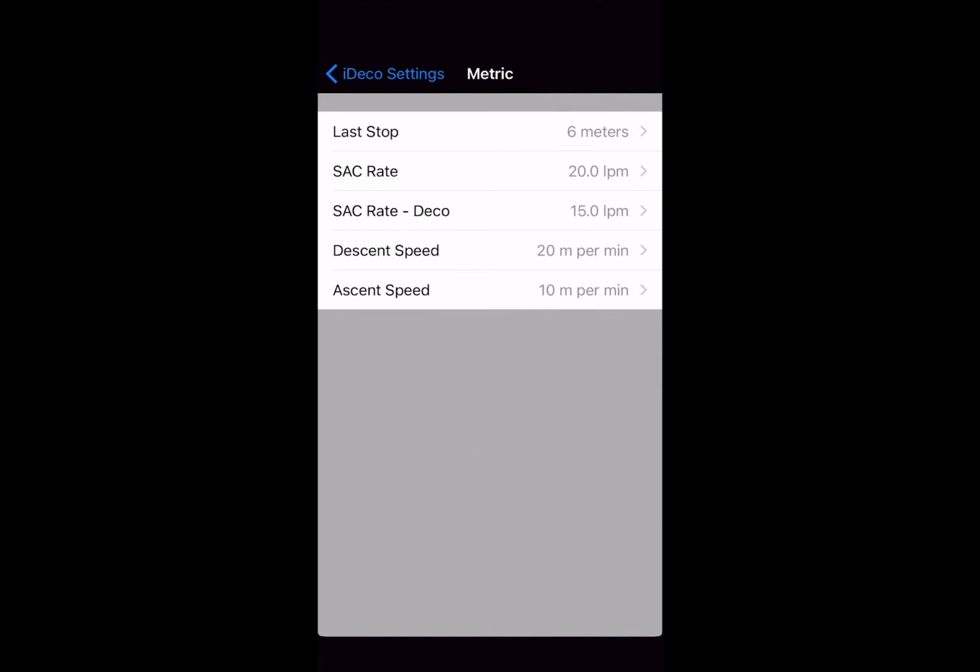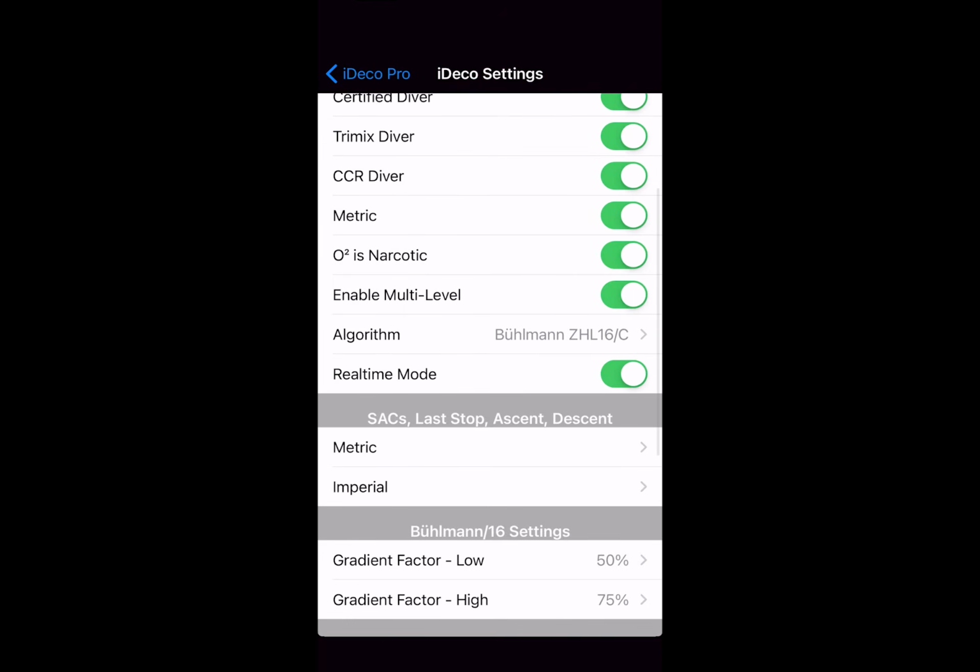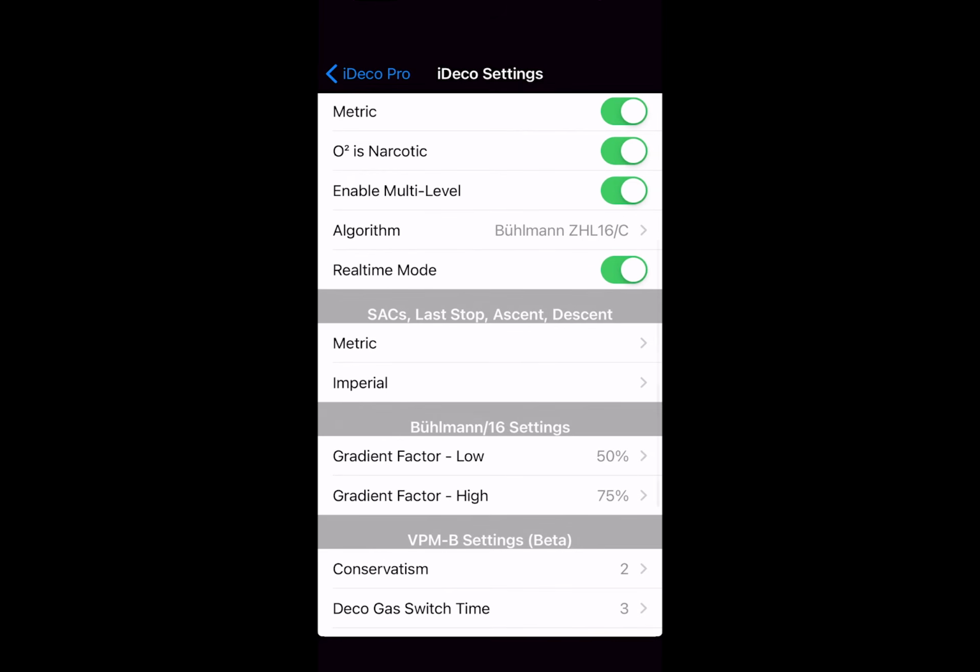The SAC rate is not really important, but it's for our open circuit divers out there. Descent and ascent speed we'll leave as it is. Perfect. And I also want to look at my gradient factors. Gradient factors is a really nice and hot topic. Obviously, a lot of people have their opinions about that. If you really like this video, I might do a video about this. But for now, we check it's 50/75, which I'm pretty happy with.